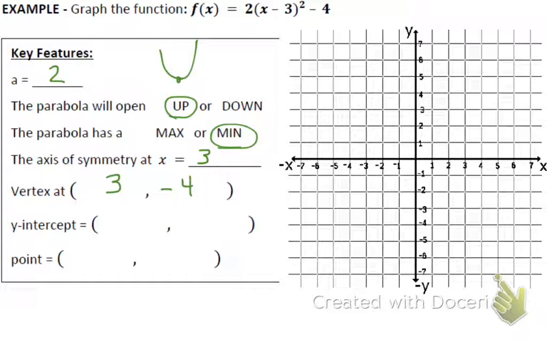The y-intercept, we have to do a little bit more work on this one. We've got to plug in 0 and find the y value, the f of x value at 0. So everywhere there's an x, we can put 0 and see what comes out of it.